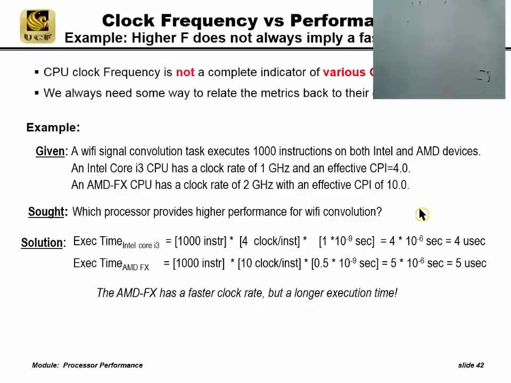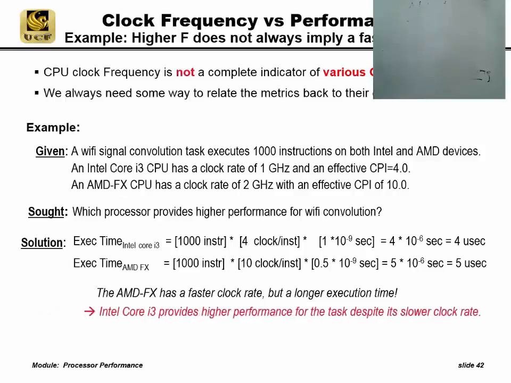If you can add cache and reduce the execution time for those instruction classes, it's very cost effective to increasing the throughput or decreasing execution time. Core i3 in this case providing higher performance for the task despite its lower clock rate.